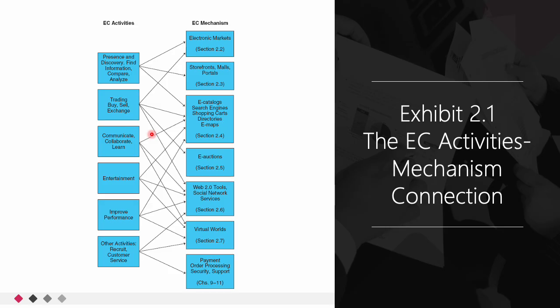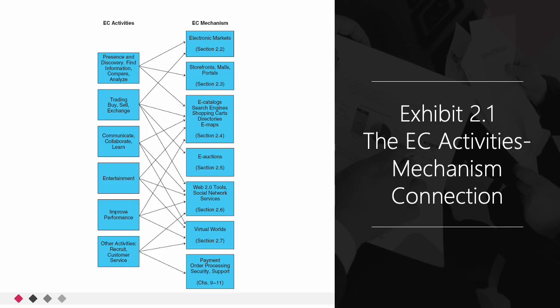For example, the activity is online shopping, and the mechanism is the shopping cart, something like that. And the activity is auctions, and then the mechanism is a bidding algorithm.